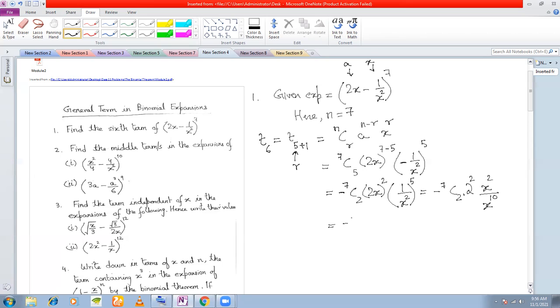This becomes minus 7C2 into 2 square into x to the power of 2 minus 10, which is minus 7C2 into 2 square into x to the power of minus 8. Now you find the value of 7C2 into 2 square, you will get minus 84. And you take x to the power of minus 8 into the denominator, the power will become positive. So this is the sixth term.